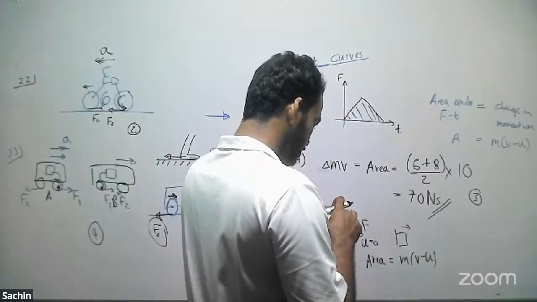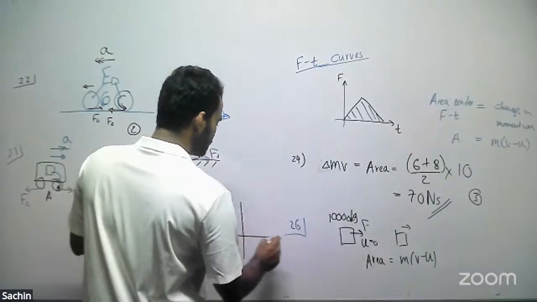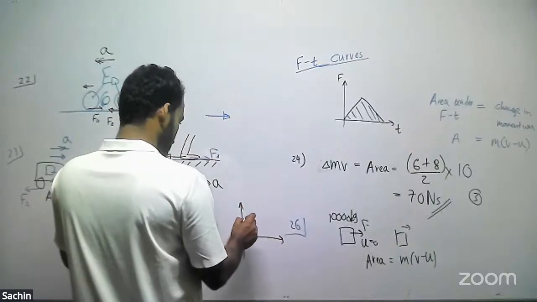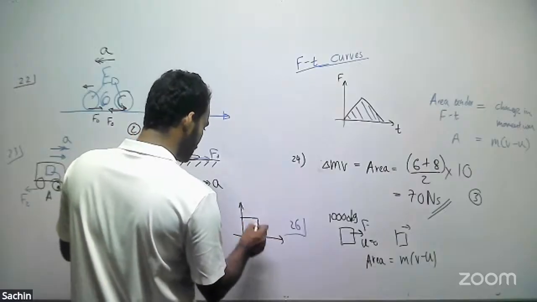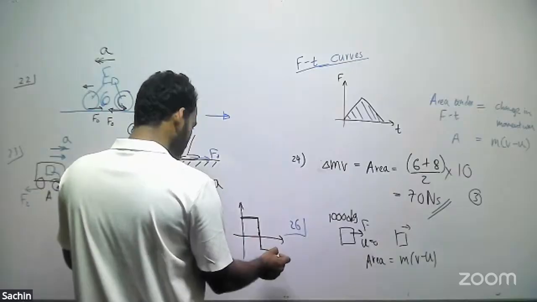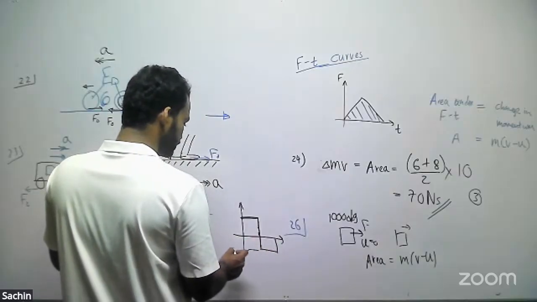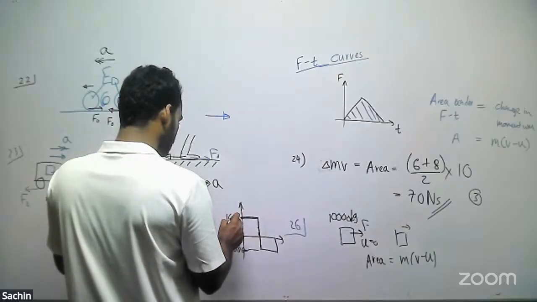So note that in this F-t curve the force varies on both sides. Initially the force is positive and finally the force is negative. Negative 500. Initially it is 10,000.